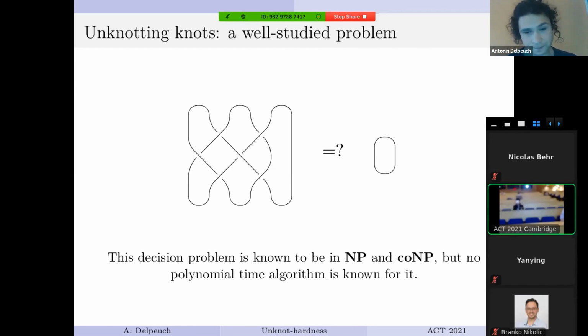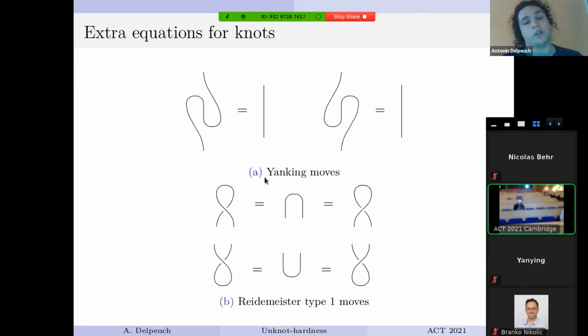And to do that, the problem we have is that these pictures of knots involve some caps and cups. And that's not part of the theory of braided monoidal categories. So we need to add them. And then, of course, we need to add some axioms about them. So we need the yanking moves, which let you simplify caps and cups like this.